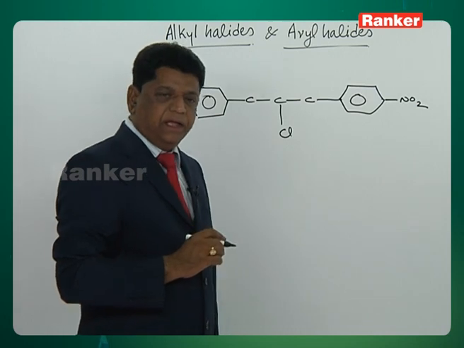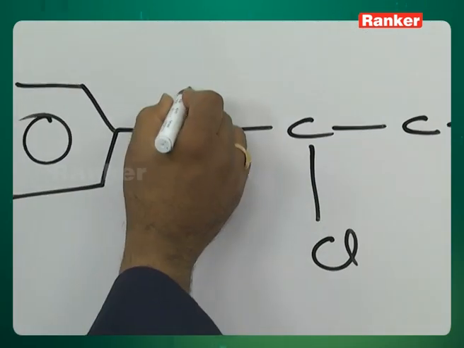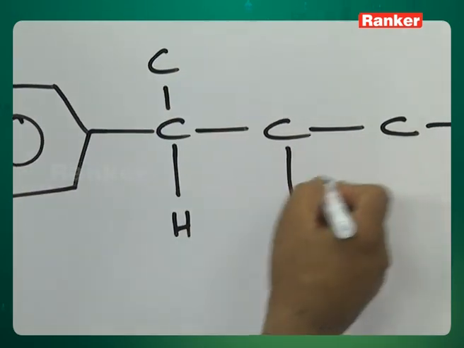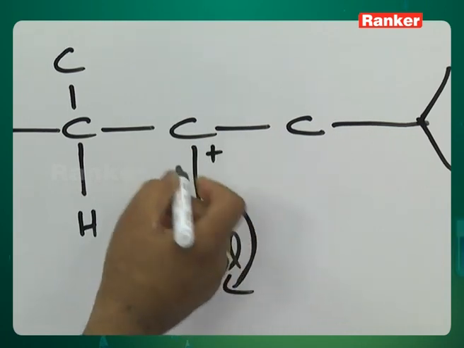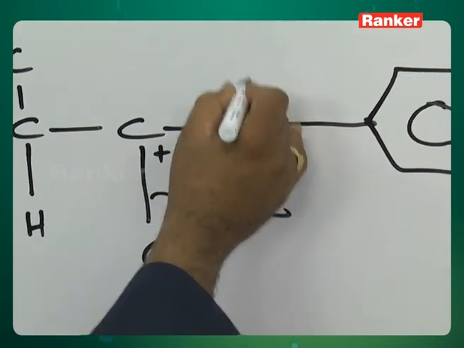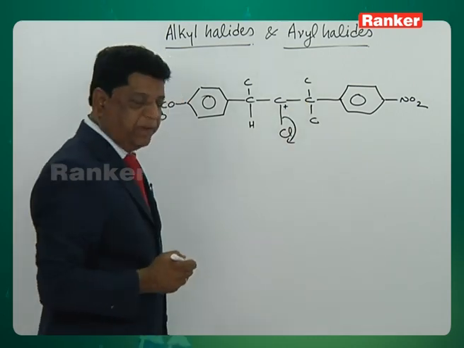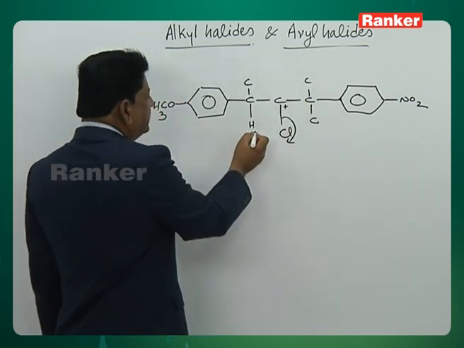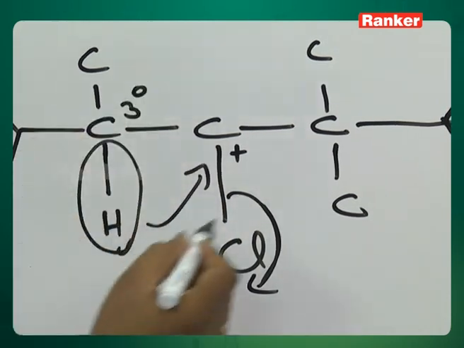However, we expect that a group like hydrogen or methyl can jump from here. When the Cl goes out, you get a carbocation, and we may expect this methyl to migrate so that a tertiary carbocation is formed. But there is also a chance that the hydride migrates and you get a tertiary carbocation.